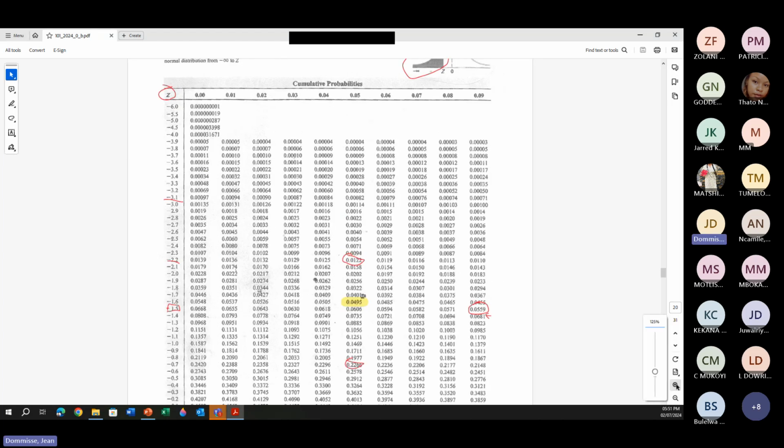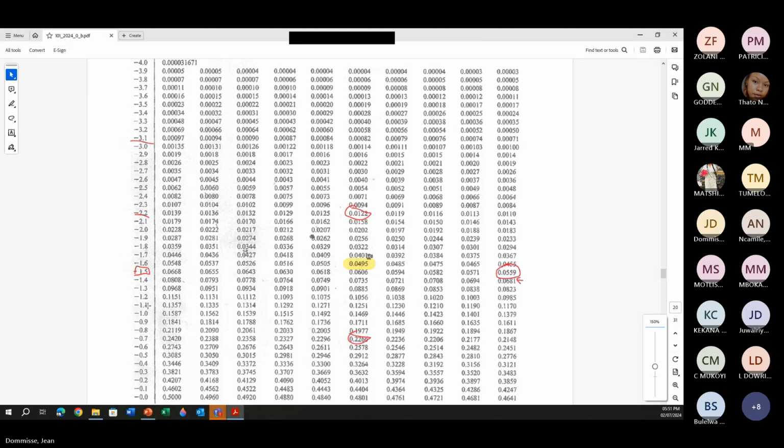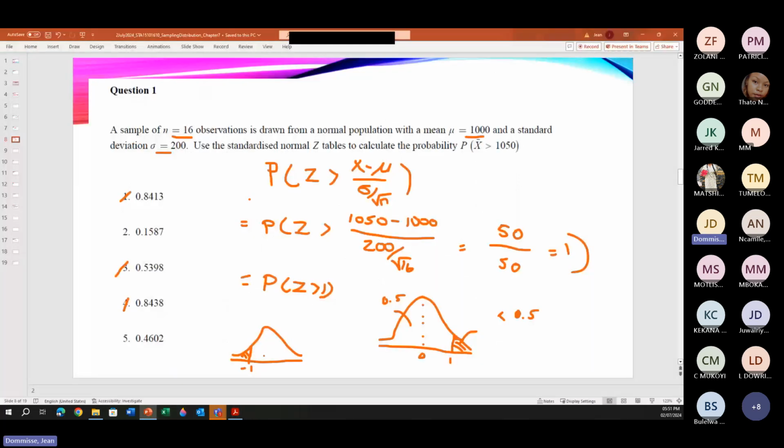Let's zoom in. So -1, there it is, 0.1587. So 0.1587 is that portion, and because of the symmetry, it will be the same.